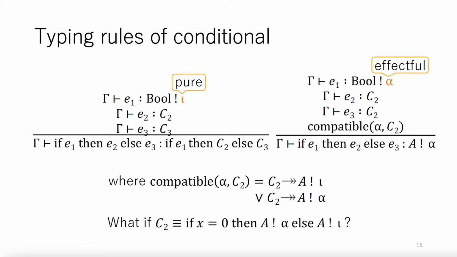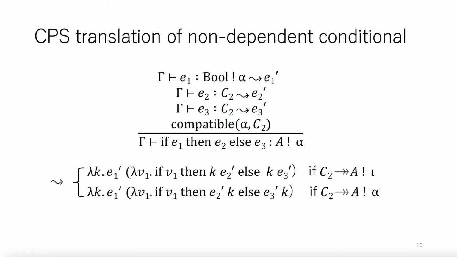Then what about the CPS translation? Here is the translation of non-dependent if. We have two cases corresponding to the two compatible combinations of effects. But what if we accept a conditional type like this? We know that the type normalizes to either of the two cases at runtime, but we don't know which at compile time.